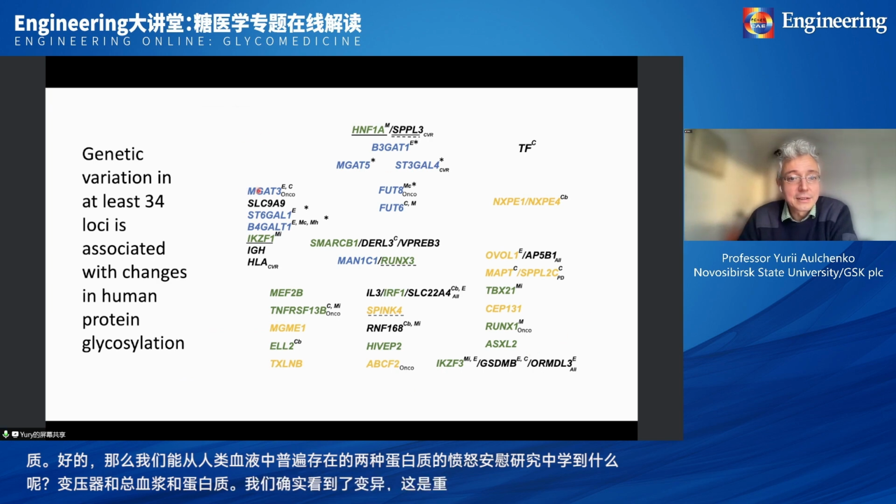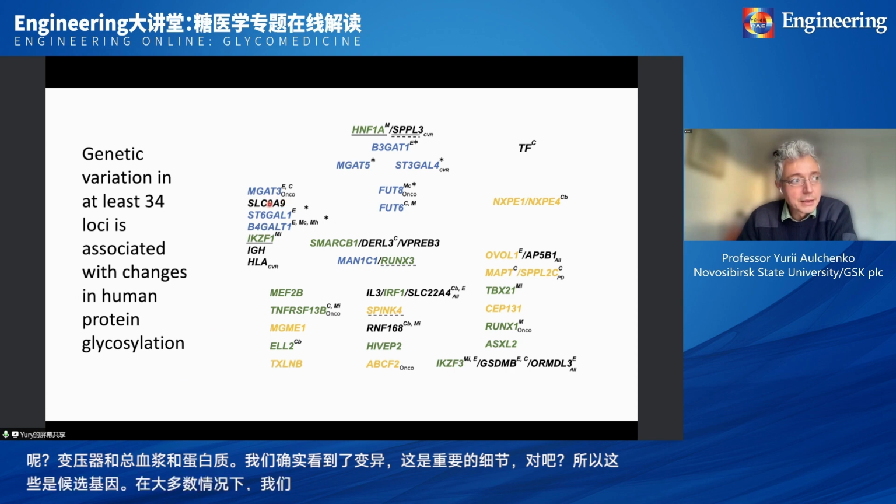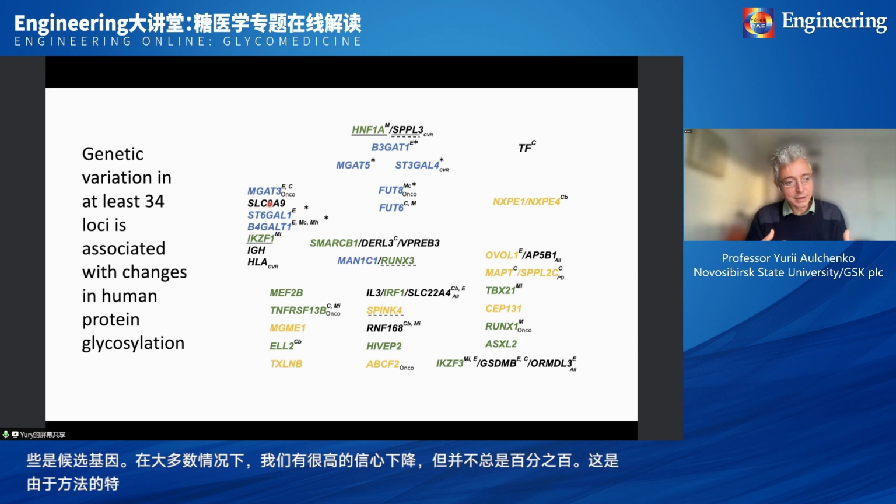So these are the candidate genes, and in most of them we have a high degree of confidence, but it's not always 100%, and this is due to the specifics of the method, right? Because this mapping doesn't allow you to immediately and always map the phenotype of interest to exactly one gene, right?